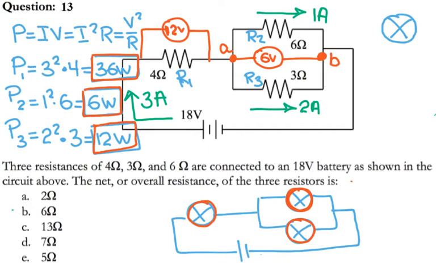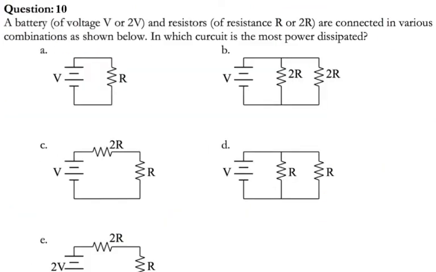Here's another question that we're going to look at. In this question, no capacitors, just resistors, and a battery of voltage V or 2V and resistors of resistance R or 2R are connected in various combinations as shown below. In which circuit is the most power dissipated? So I'm going to write the power formula again.